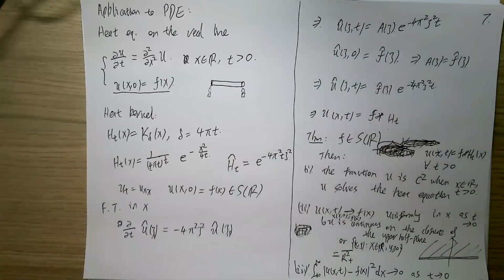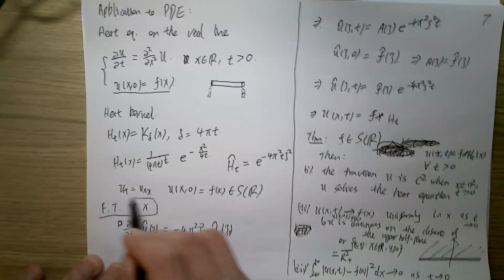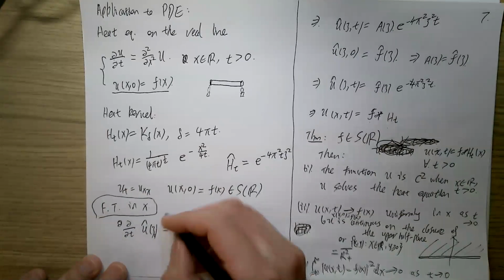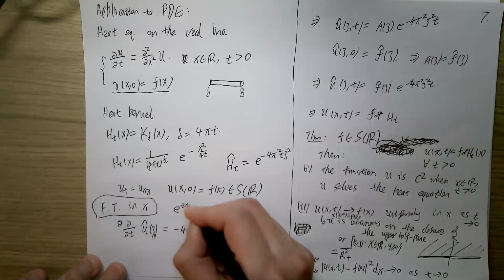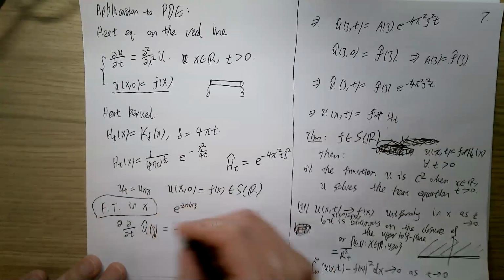And second, as we mentioned before, we take the Fourier transform in x, which means we multiply by e to the power minus 2 pi i x xi, and then take the integral.